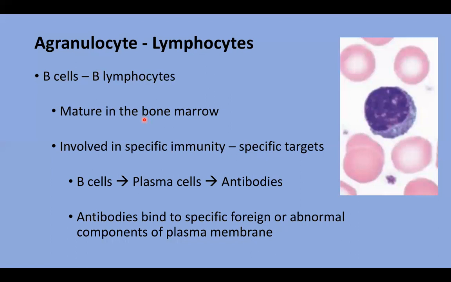So you might say, well, why don't we just have the natural killer cells that just take out everything? Why spend this time producing antibodies for specific individual foreign invaders?